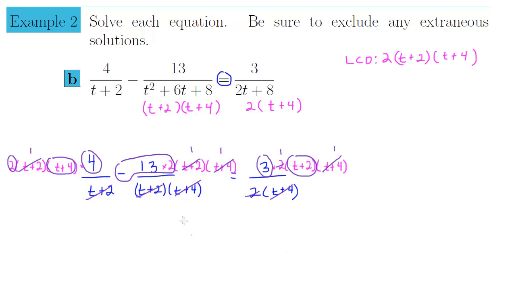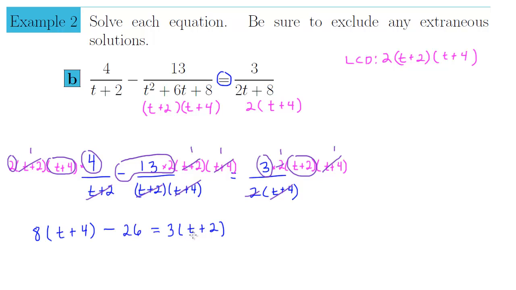So let me write what we get after we do our multiplication. So in the first term, the 2 and the 4 got multiplied to 8, and then that 8 has to get multiplied by the entire quantity t plus 4, so we're going to have some distribution to do here. The negative 13 and the 2 got multiplied in the second term to give us negative 26. And then finally on the right side, we had the 3 and the t plus 2 quantity getting multiplied.